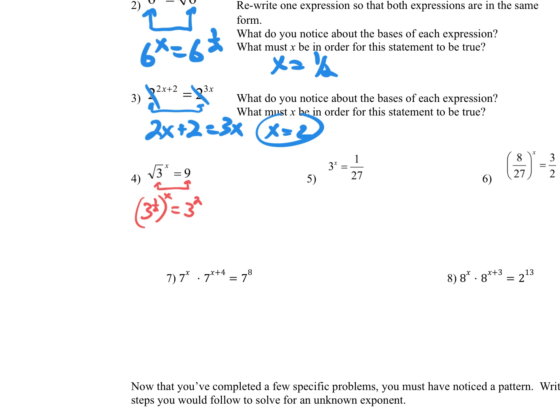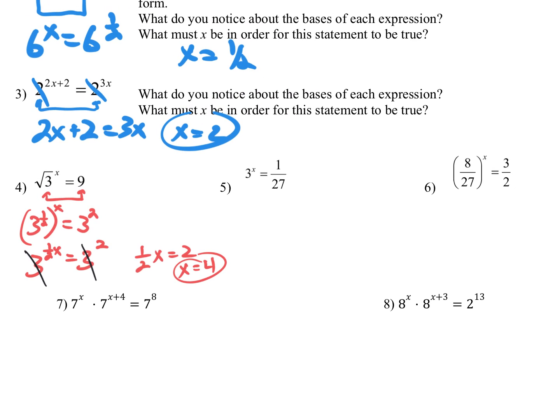And you learned in both algebra 1 and algebra 2 that when you raise an exponent to an exponent, you multiply. So this is 3 to the 1/2 x equals 3 squared. You have the same base. Cross those off. Set the exponents equal to each other, and you get 4.